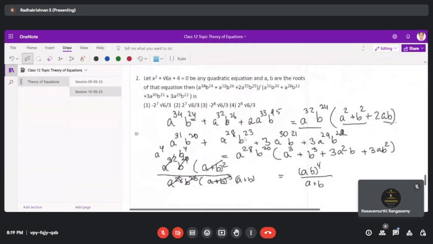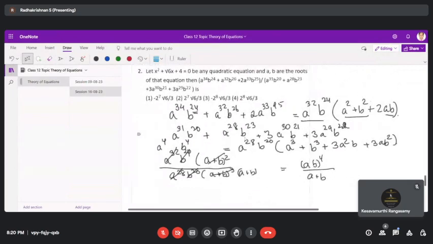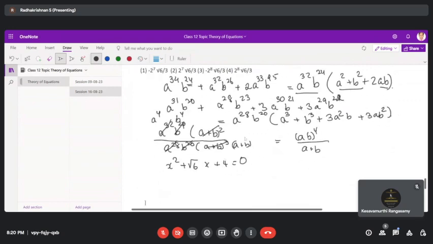Since the equation is given, x square plus root 6 this is a given equation. So a and b are the roots. So what is a plus b? A plus b is minus root 6 and ab is 4.